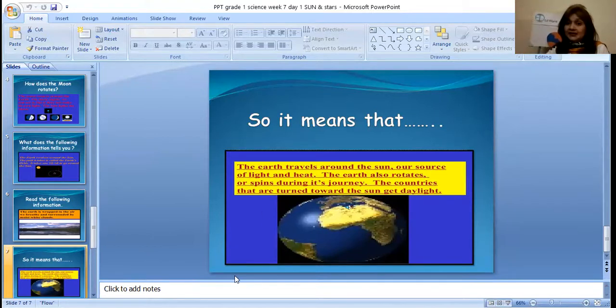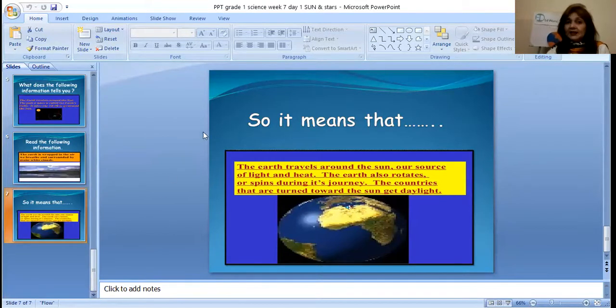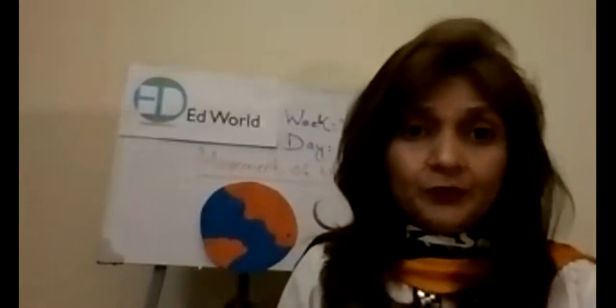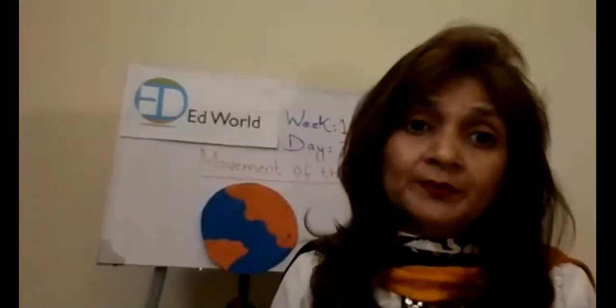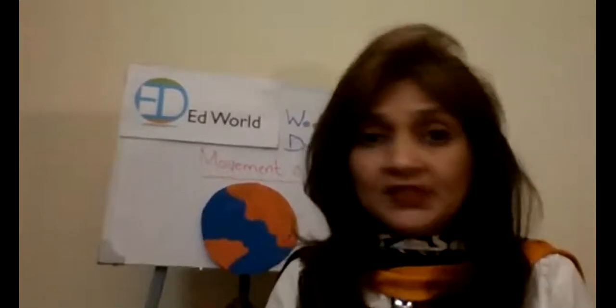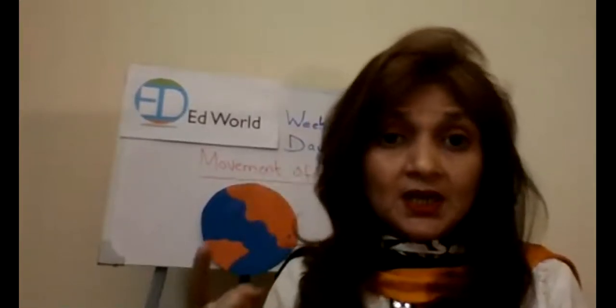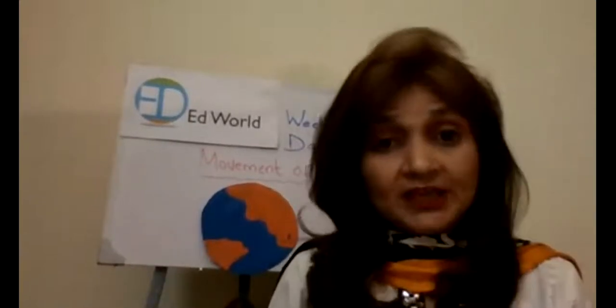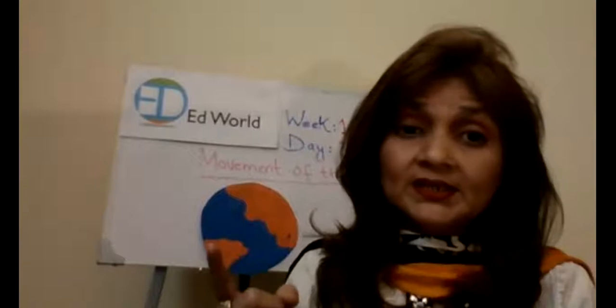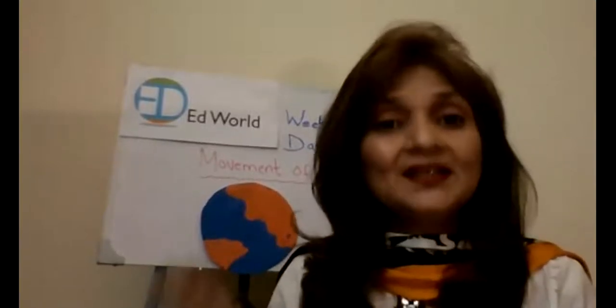The countries that are turned towards the sun get daylight, like I have already explained. So I think it is more clear to you now how the movement of Earth takes place. You have seen how it rotates every 24 hours, and then we have daytime and nighttime, and how it takes the whole 1 year to go around the sun.